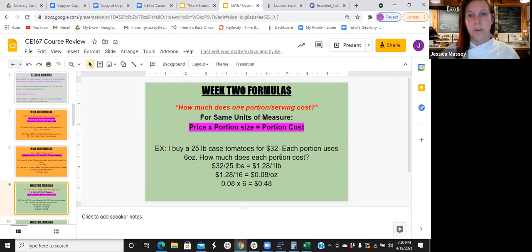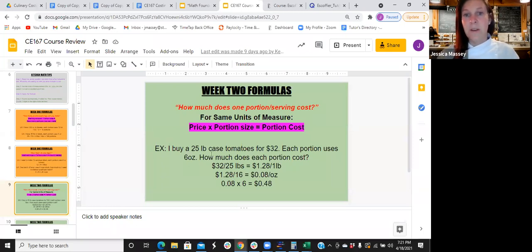How much does each portion cost? Again, always think, what is this question asking me? This is basically asking us, if each portion is 6 ounces and we spent $32 for 25 pounds, how much is that 6-ounce portion? So your first step whenever you're seeing these problems is to get your price per unit for whatever your portion is.